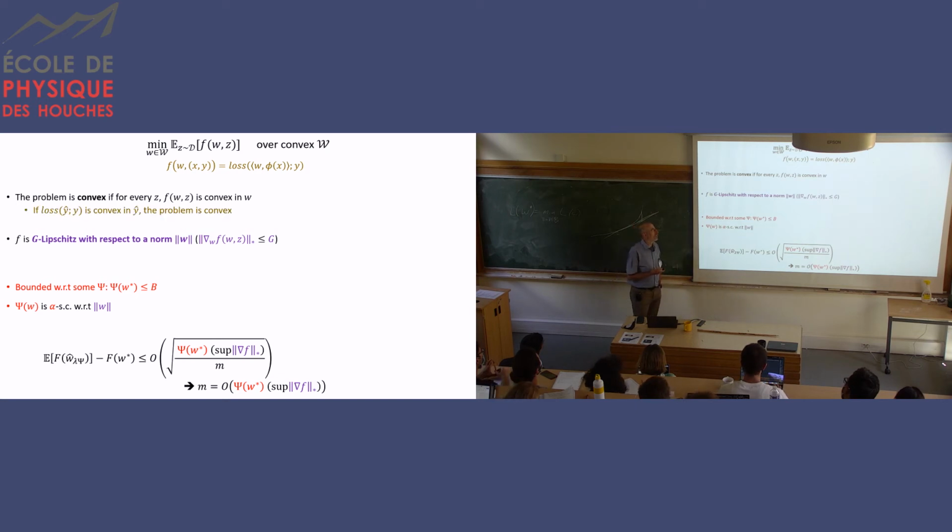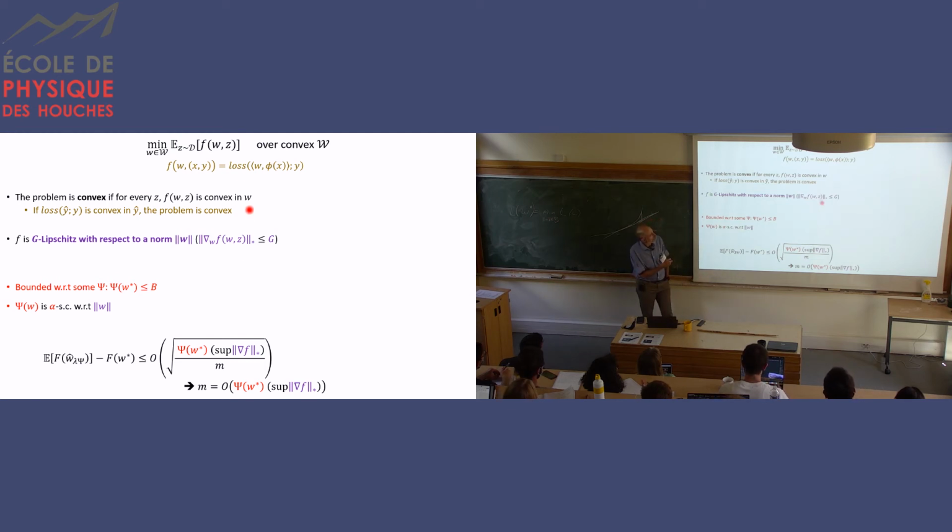Convexity comes directly from the convexity of the loss. If my loss as a scalar function is convex, then my objective function for this generalized linear problem is going to be convex.